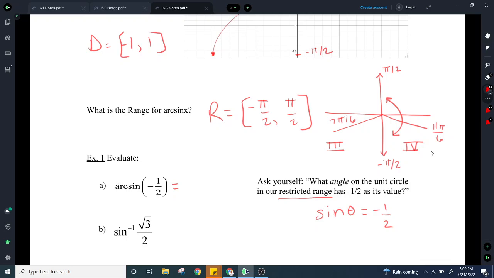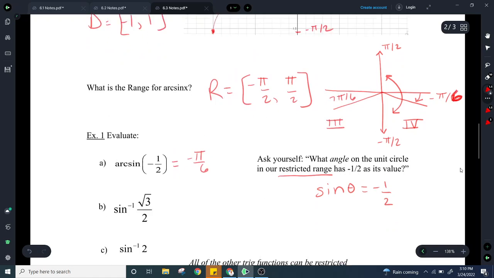You're not going to tell me 11 pi/6, because that would be all the way around in the fourth quadrant. I want to go backwards. I want the same angle at the same location, but within the range of -pi/2 to pi/2. So the angle where sine equals -1/2, within this range, would be at -pi/6. So arc sine of -1/2 is -pi/6.